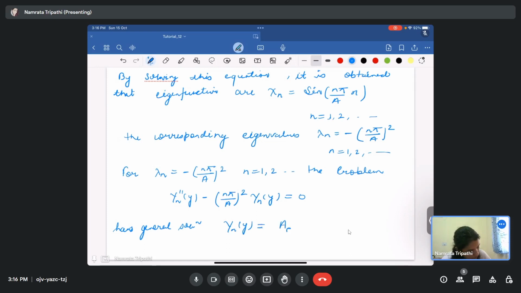So there are two roots: e to the power n pi by a into y is one root, and another we will get e to the power minus n pi by a into y. These two roots we will get, so we can write the general solution in this form. Fine.